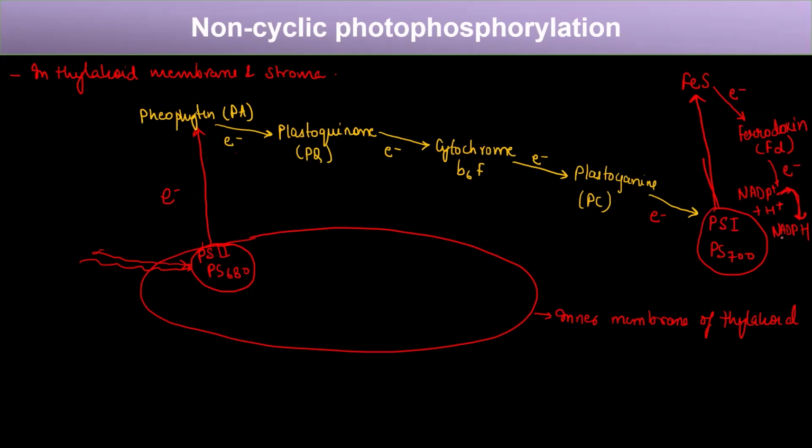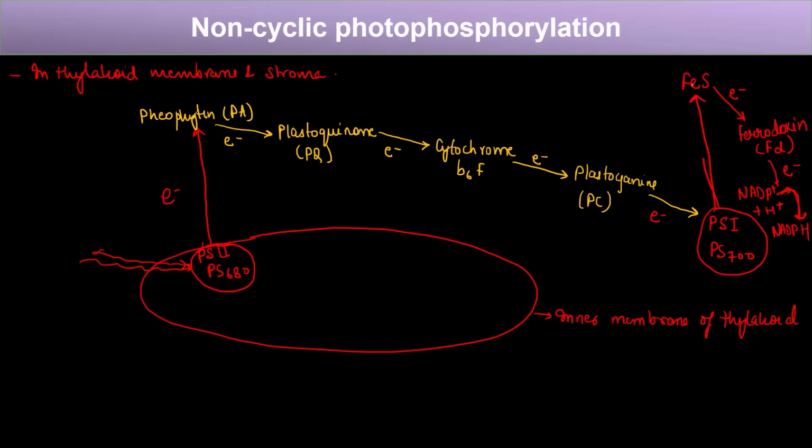So what we have seen is that PS2, upon excitation, gives its electron to the electron carrier pheophytin, which then transfers it to plastoquinone, PQ, which in turn transfers it to cytochrome B6F, and then to plastocyanine, and it ultimately leads to another photosystem, PS1.